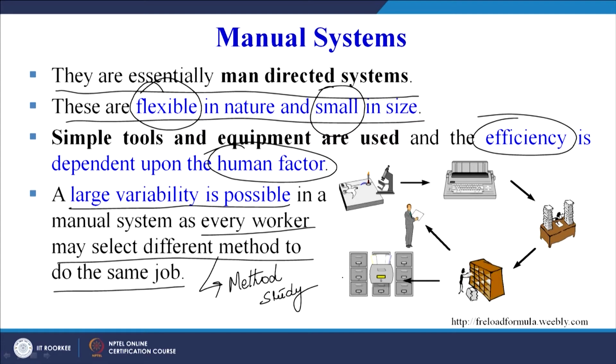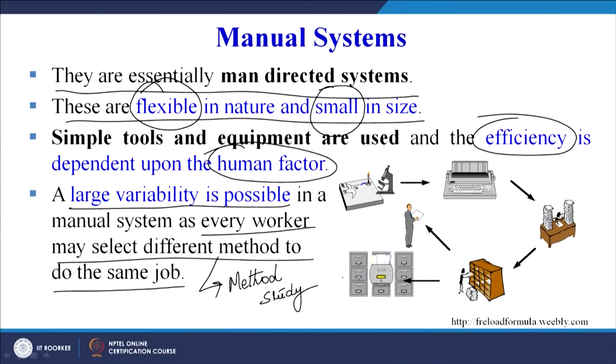We want to find one best method, one standard operating procedure which each and every worker performing that task must follow, and that is basically the underlying principle of conducting a method study. So this large variability we have to minimize using the method study.